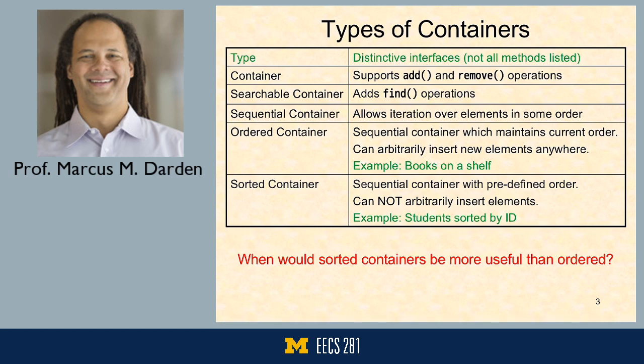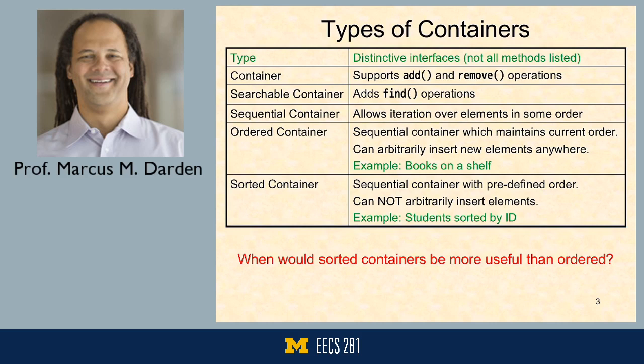I can go from one item to the next, but an ordered container will maintain its current order. You can stick something in here and expect to come back and find it here. You can remove something over there, and the items that were around the place that you removed just sort of close in around it. So you can think of books on a shelf.